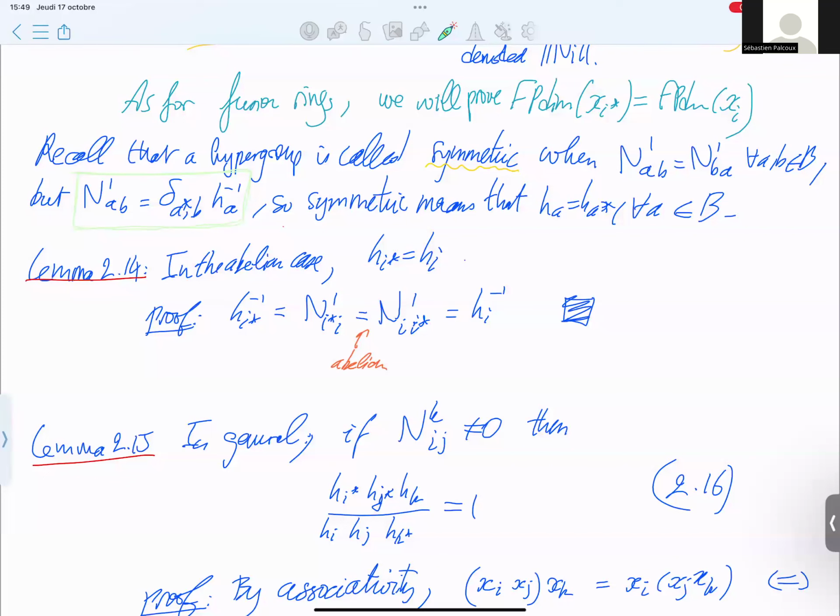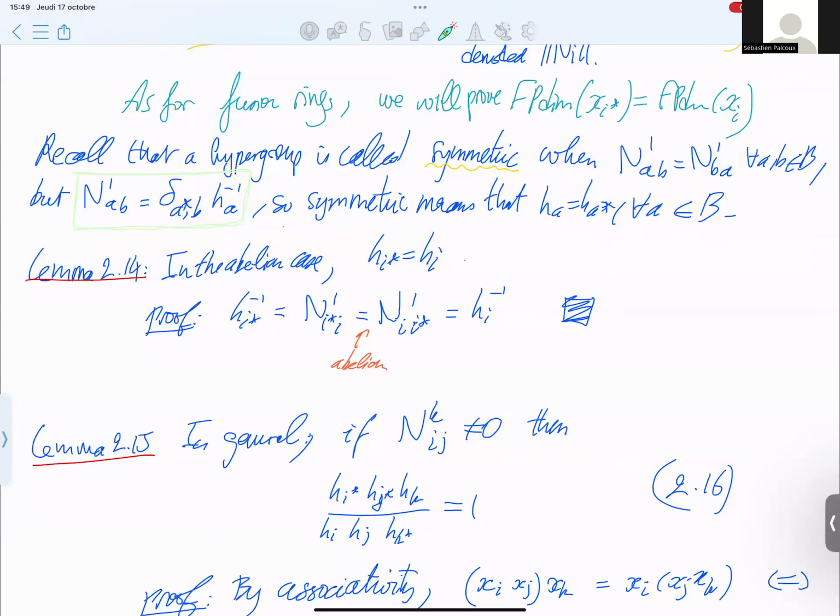Okay, but by definition of this constant, remember this is A star 1 inverse. You already know that symmetric can be reformulated by the fact that this constant is invariant by taking the involution. So this is also a way to state symmetric.